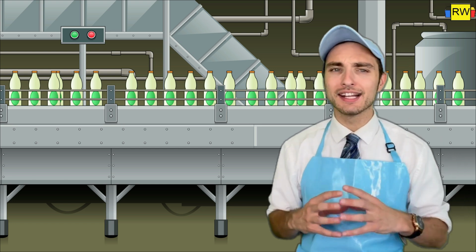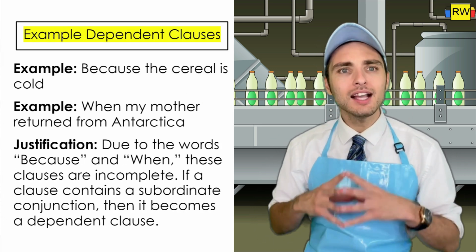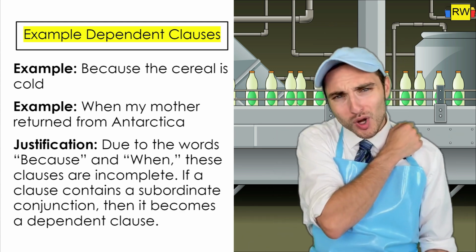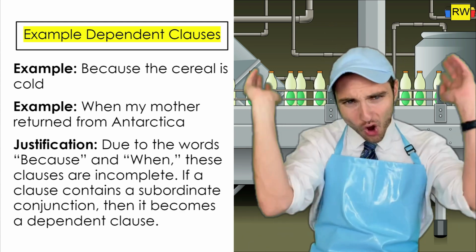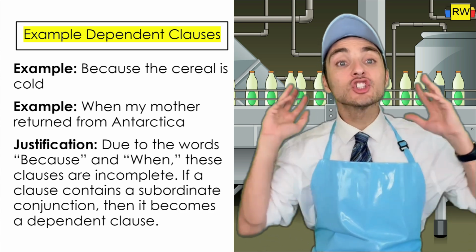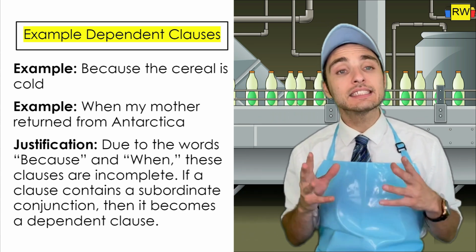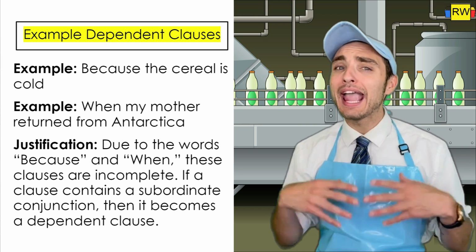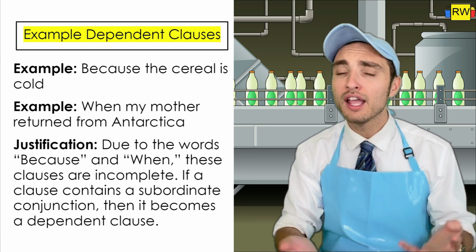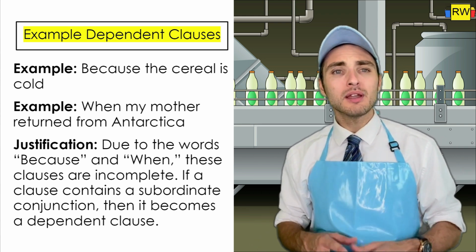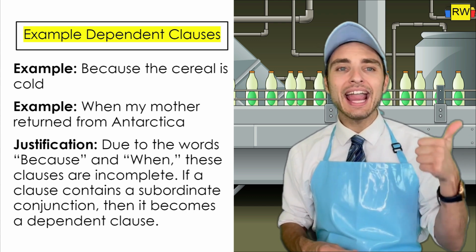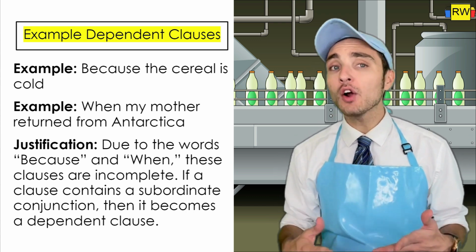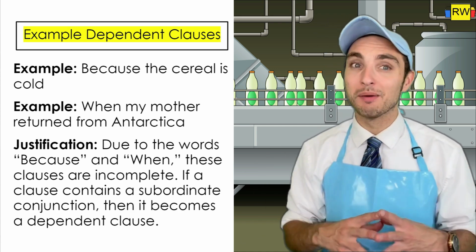Okay, let me show you an example. Because the cereal is cold. Oh, I don't want the cereal to be cold. And here's another example of a subordinate clause. When my mother returned from Antarctica. In both of these examples, because the cereal is cold, and when my mother returned from Antarctica, start thoughts, but don't finish them.